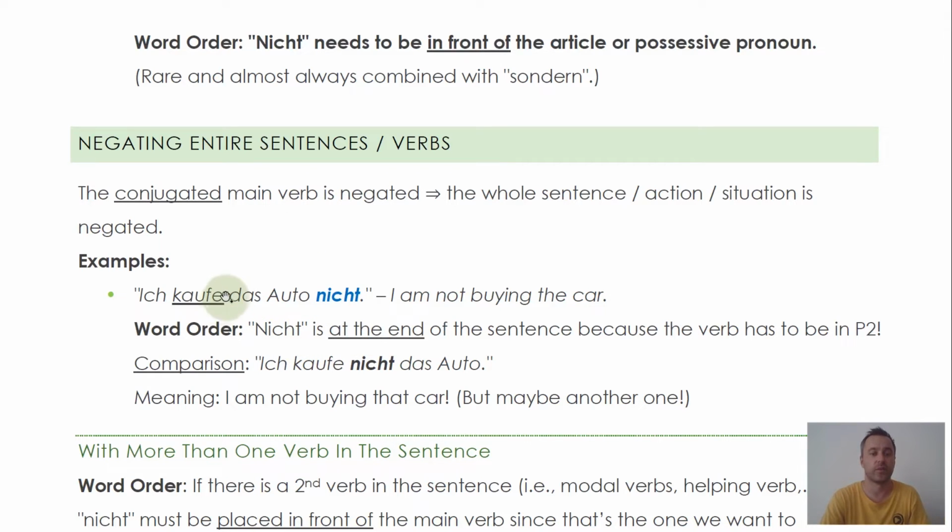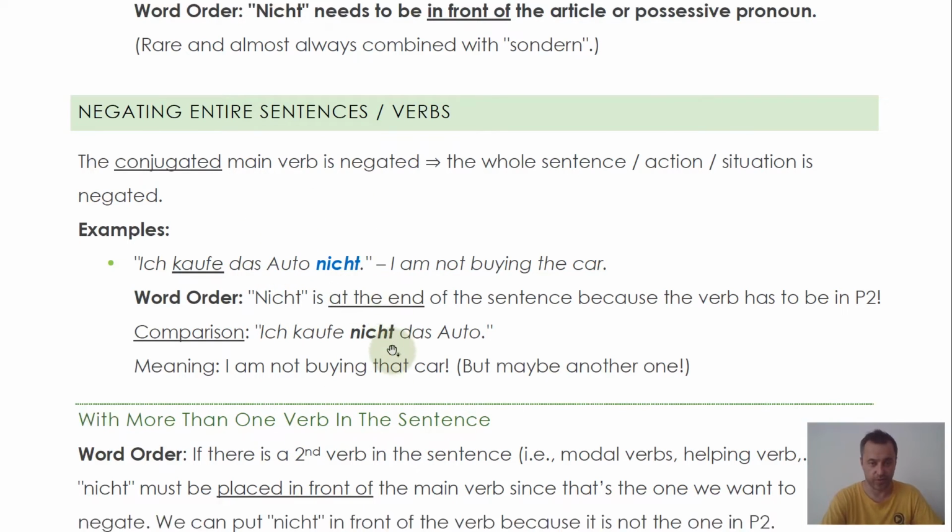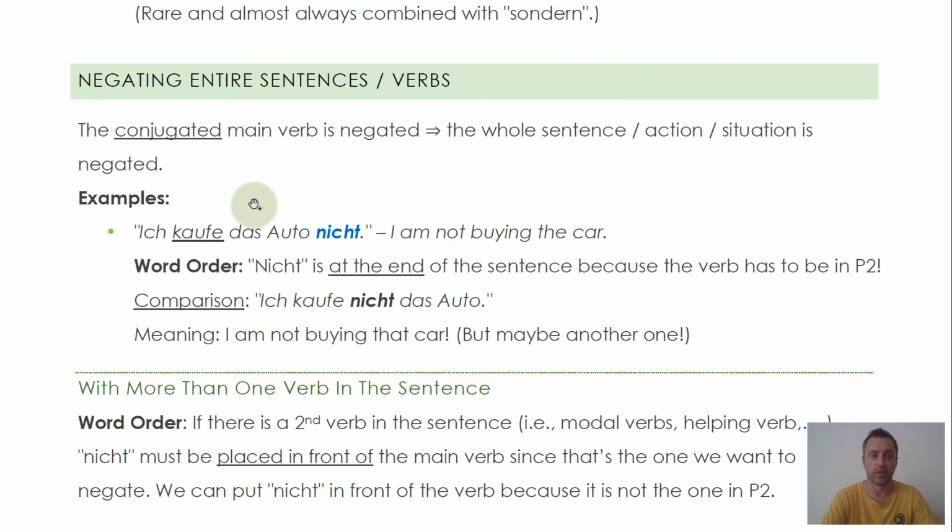Because remember, I told you in the moment we have a preposition in there, bang, nicht goes in front of the preposition. And we almost always use prepositions, at least on a little bit more advanced speaking. So that's why here it's at the end, but that's rather rare, because prepositions get the nicht in front of it. And also most of the time we just negate a part of that sentence, like the car, because I'm still buying something, just something else.